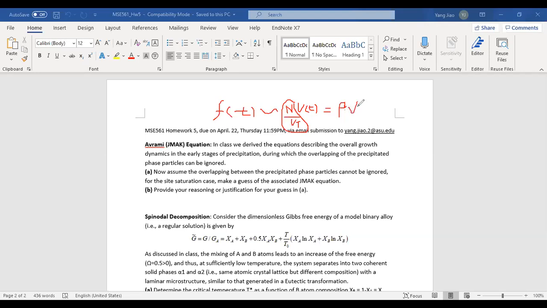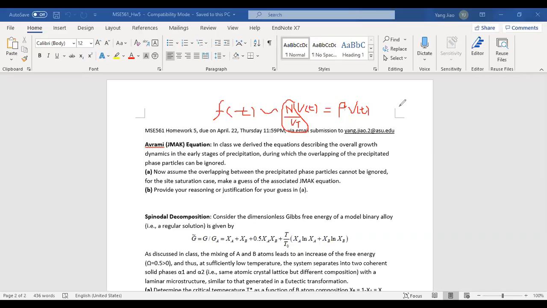This is in the early stage of your system, and V of t we know just grows as a function of time, so it's easy to do the integration and find the result. This is what we showed in the class.